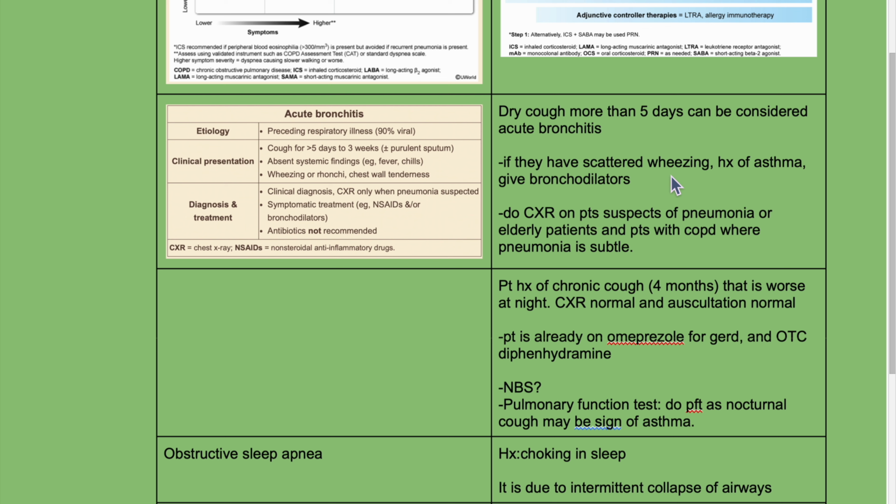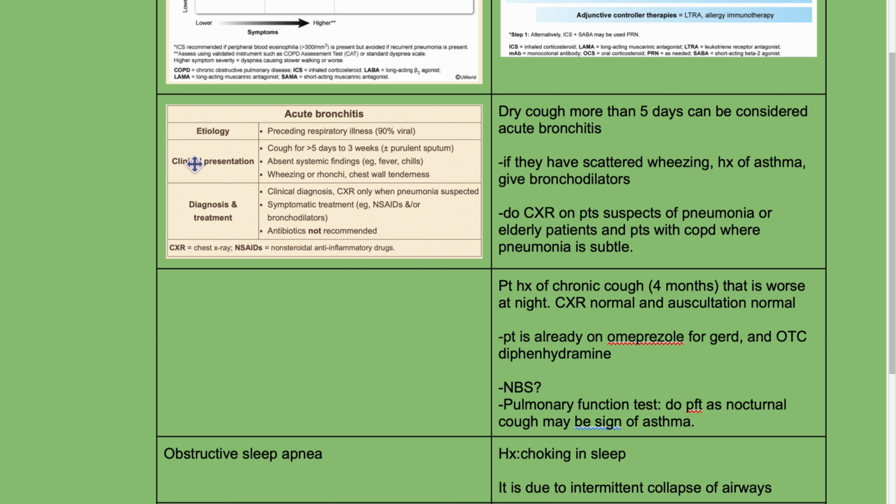If they have scattered wheezing or a history of asthma, give bronchodilators, and do a chest x-ray on patients suspected of pneumonia, elderly patients, and patients with COPD where pneumonia is subtle. So, acute bronchitis etiology is a preceding respiratory illness, so they usually have an illness, like a viral sore throat and all that, and then they didn't stop coughing.